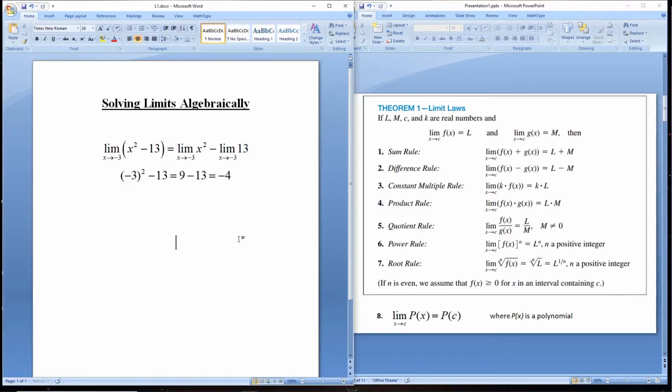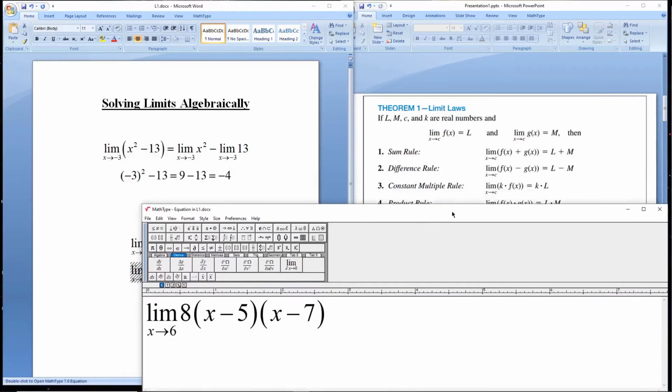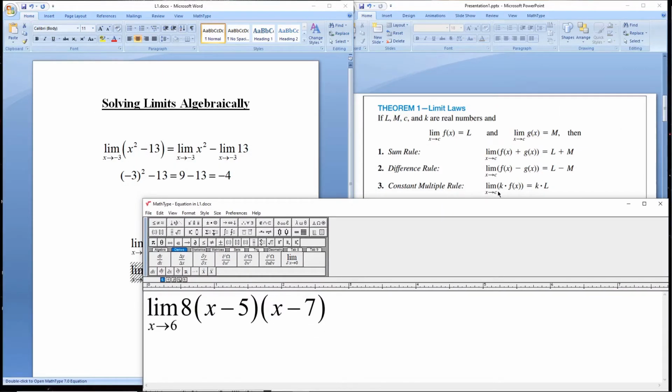So let's check out another one. Now, first of all, if we look at property 3, a constant we can pull outside of the limit. So here's a constant, and we can pull that outside the limit.